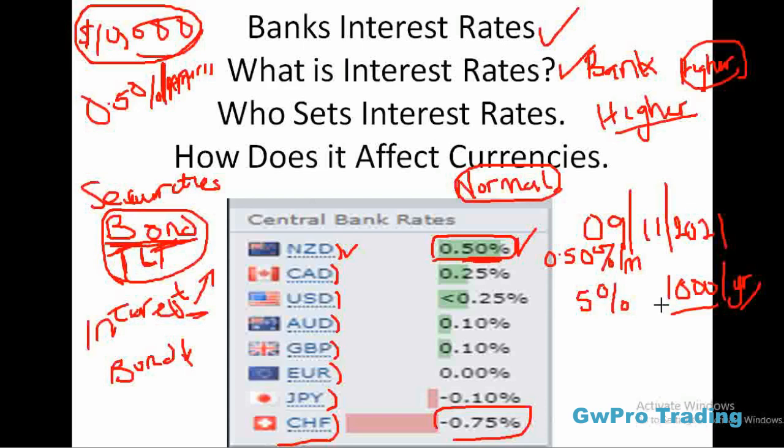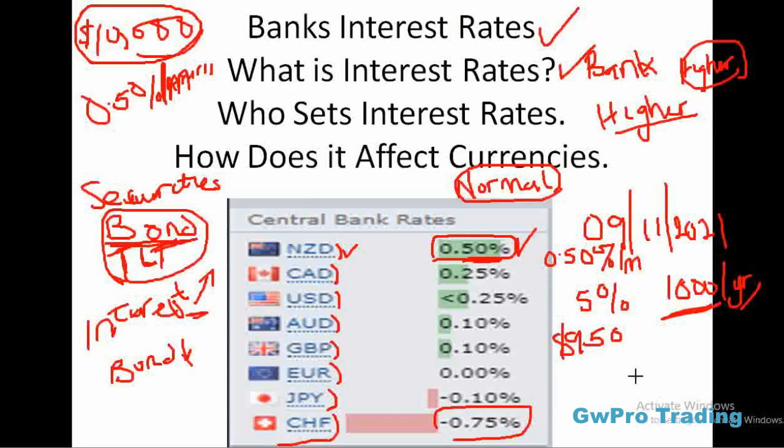With 5%, this bond pays you 5%. You're going to be paying $950 for a bond that is going to pay you $1,000 at the end of expiration.